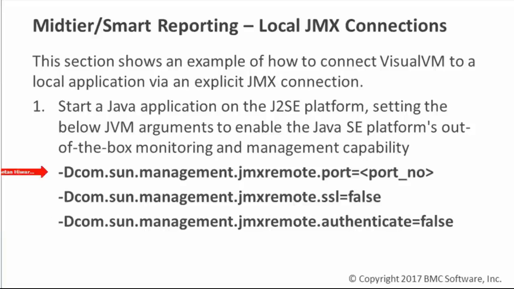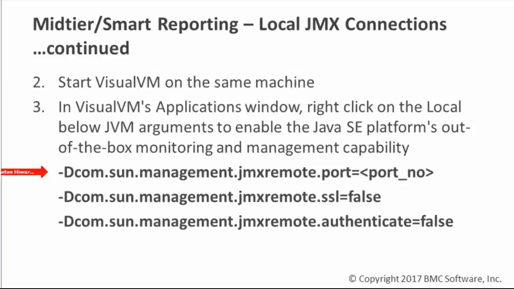But essentially we need to define a port number which can be further used for the connection. So these are the 3 JVM arguments which we need to set in the system properties, or we can say in the Java options for the Tomcat process.